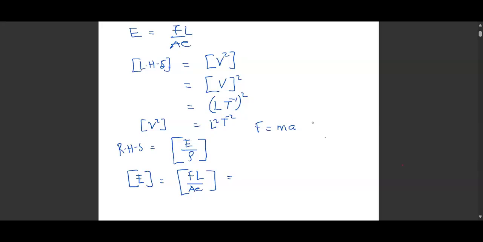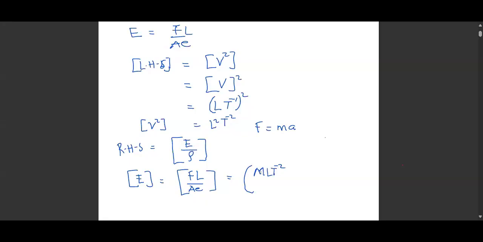Acceleration is meters per second squared, whereby meters we use L. Then because it is per second squared, it will become T power negative what? Power negative 2. So for this case here, once I bring in dimensions, our force is going to be mass, which is M, then acceleration, meters per second squared, which will be L, then T power negative 2.